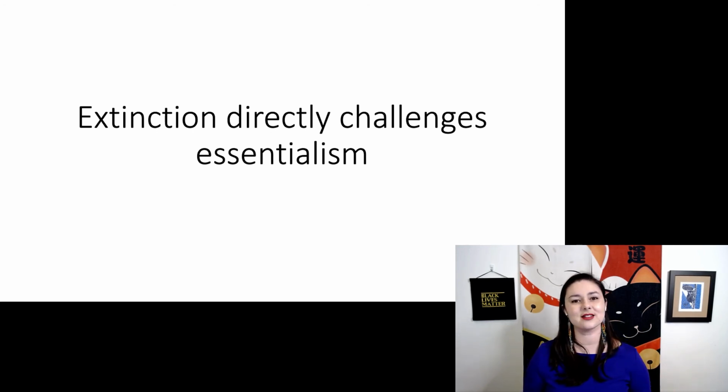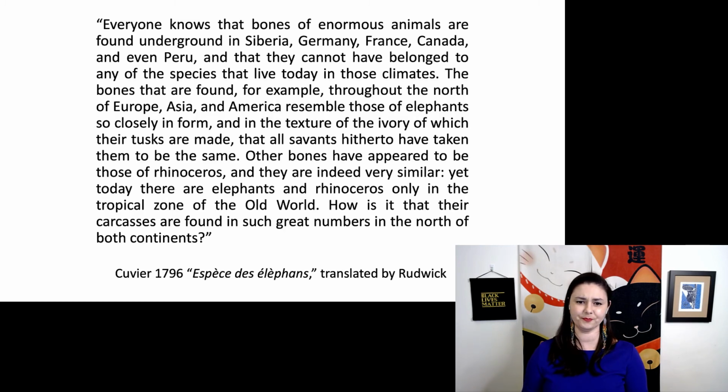So people needed something to explain that with. Here's a quote by Cuvier. Everyone knows that bones of enormous animals are found underground in Siberia, Germany, France, Canada, and even Peru, and that they cannot have belonged to any of the species that live today in those climates. The bones that are found, for example, throughout the north of Europe, Asia, and America, resemble those of elephants so closely in form and in the texture of the ivory of which their tusks are made that all savants hitherto have taken them to be the same.